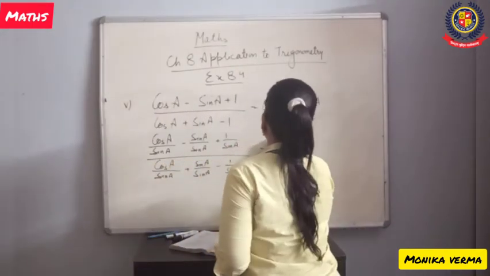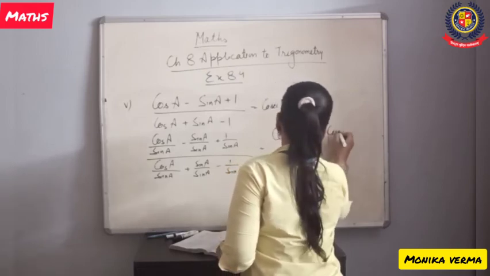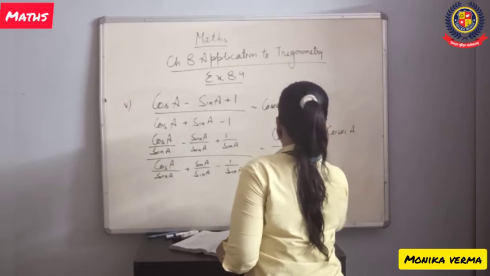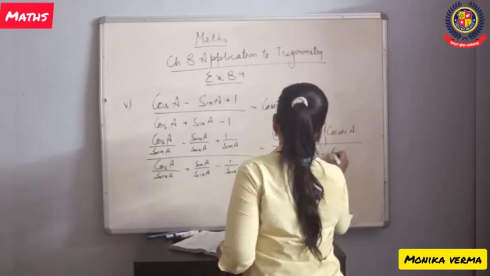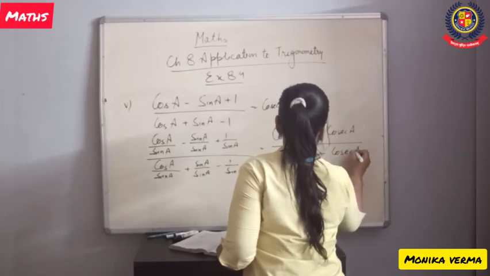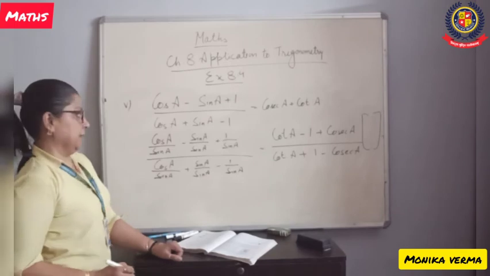Cos by sin is cot A, so we get cot A minus 1 plus cosec A upon cot A plus 1 minus cosec A, dividing both sides by sin A.